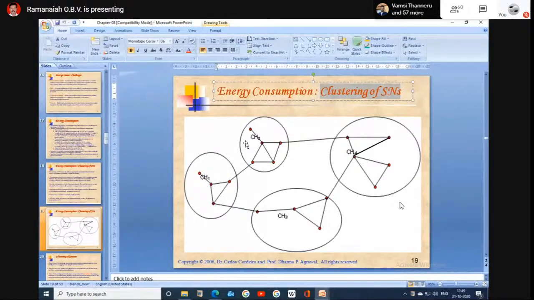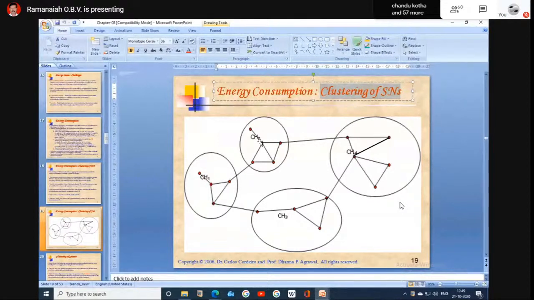Now, in another neighboring area, there are 5 sensor nodes: 1, 2, 3, 4, 5. Among these, they have formed a cluster, and the center one is elected as head, cluster head 2, CH2. Similarly, CH3, CH4.